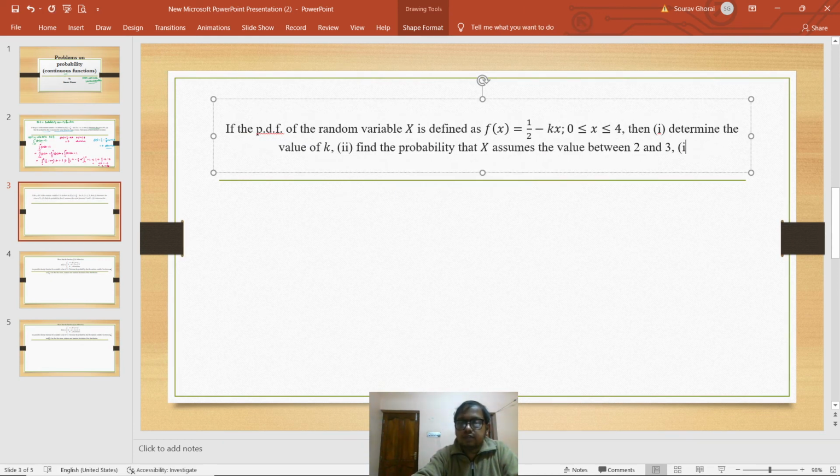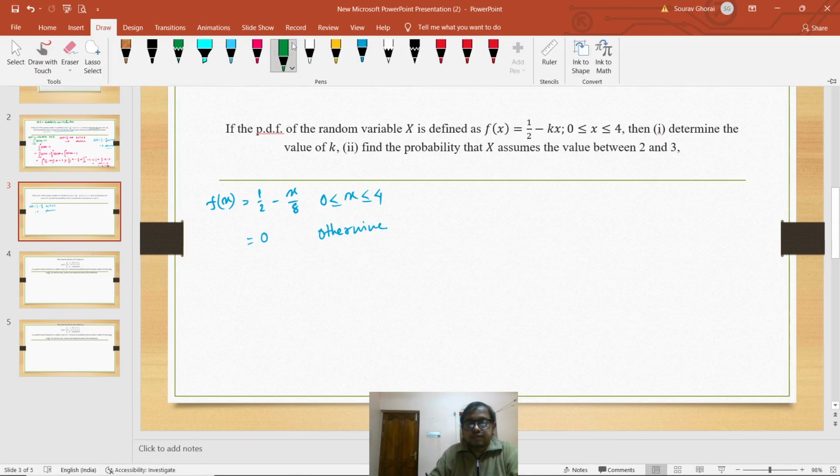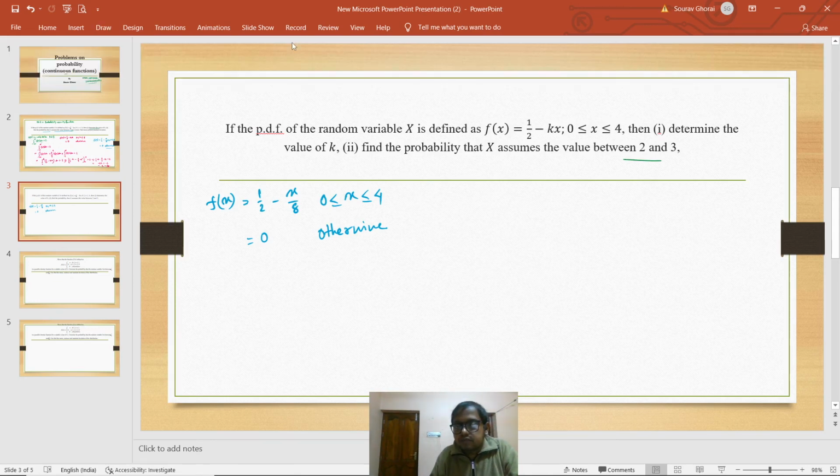We have to find the probability that x assumes a value between 2 and 3, where f of x is equal to half minus x by 8 for 0 less equal to x less equal to 4, and 0 otherwise. So from here, between 2 and 3 means we have to find P of 2 less equal to x less equal to 3.